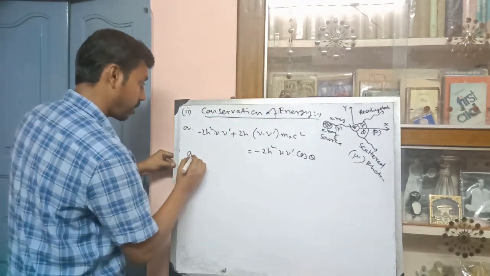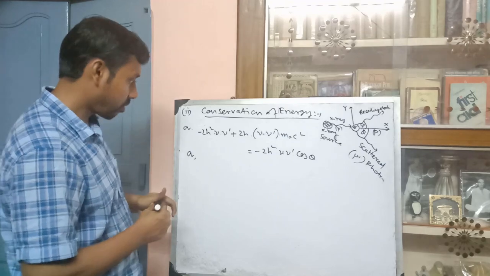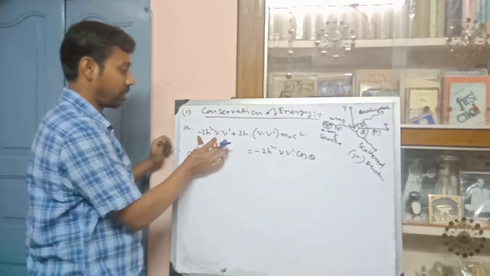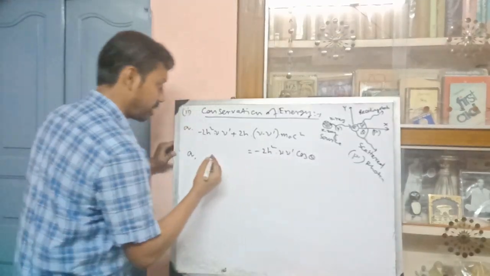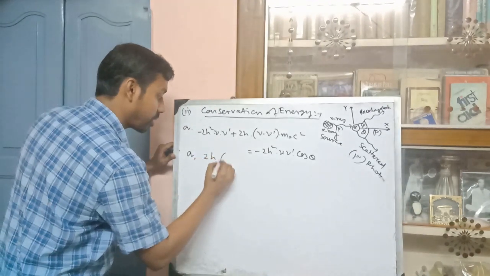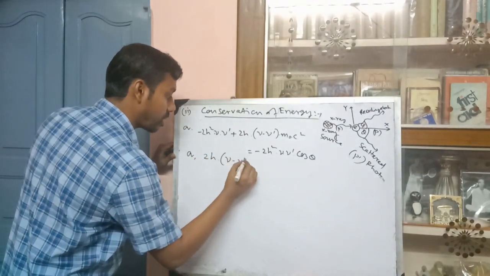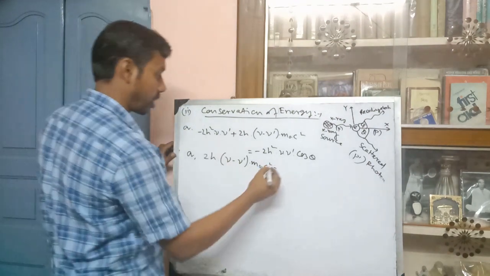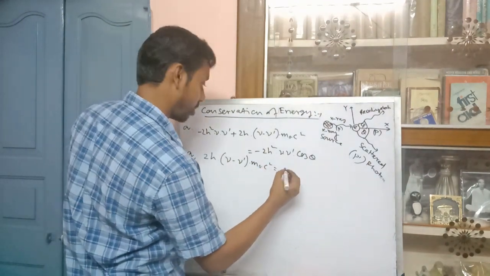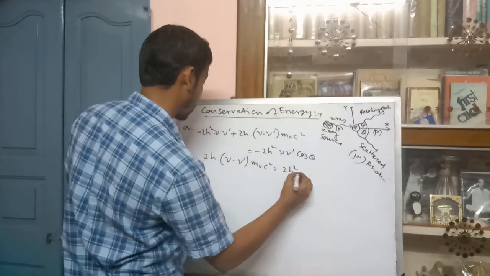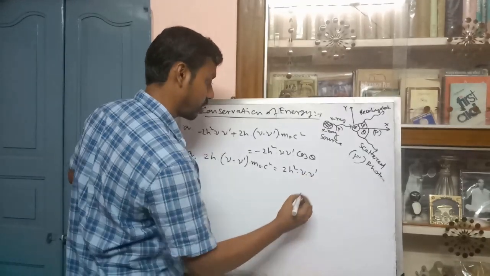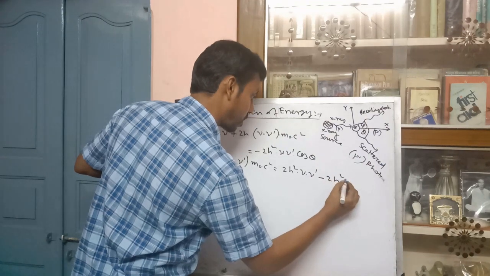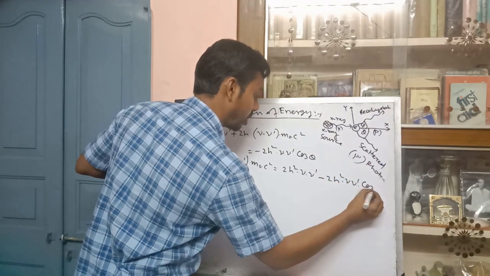Or that means we get this form. So 2h into nu minus nu dash into m0 into c square is equal to 2 into h square nu into nu dash minus 2 into h square nu into nu dash into cos theta.